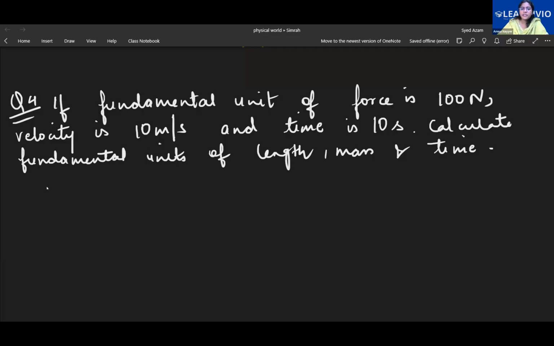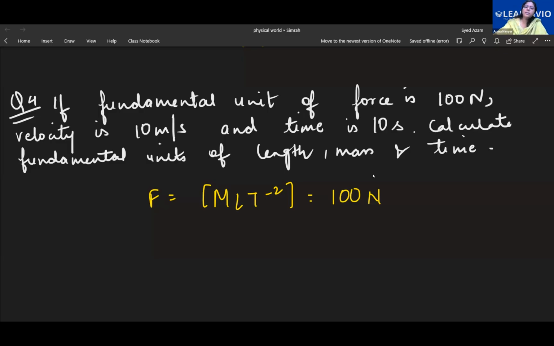We say that this dimensional formula M L T to the power minus 2 of force, we often used to substitute it for 1 Newton. This is what we have been using till now. It is saying don't take this as 1 Newton, take this as 100 Newton. This is the change.